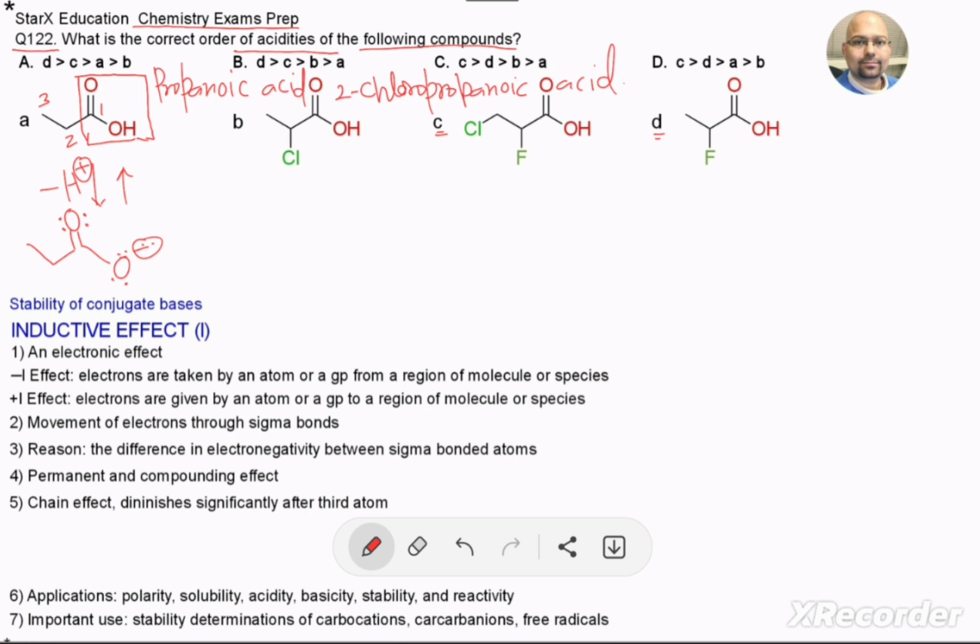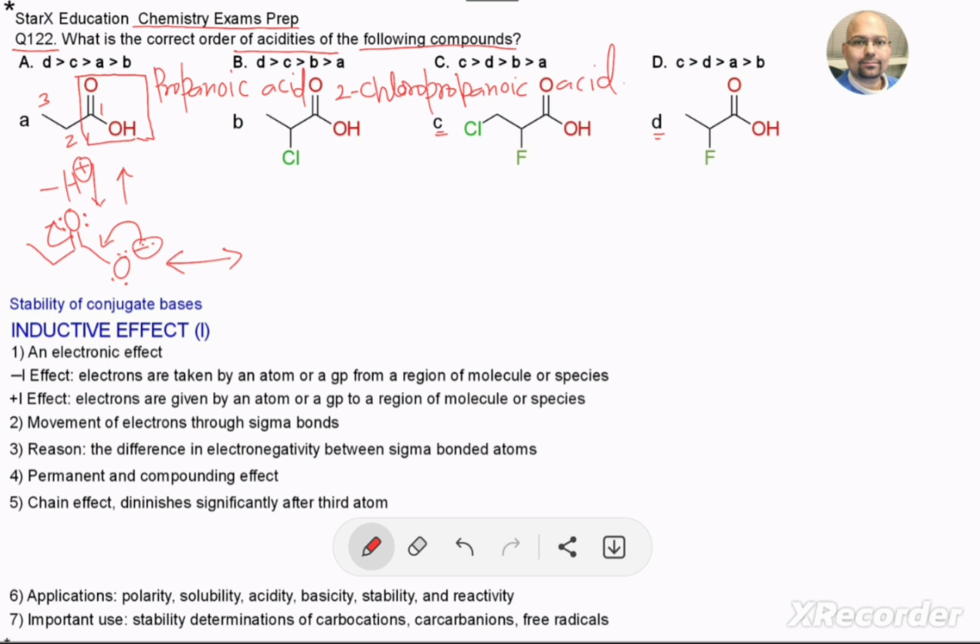So now we drew these lone pairs of electrons and the negative charge to show that this can undergo movement of electrons, and this is known as resonance.